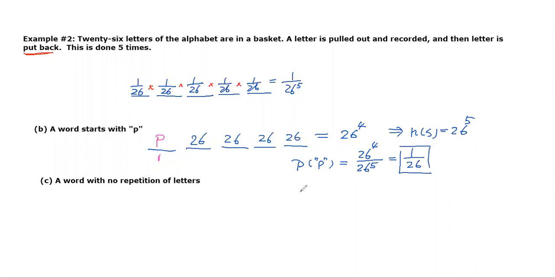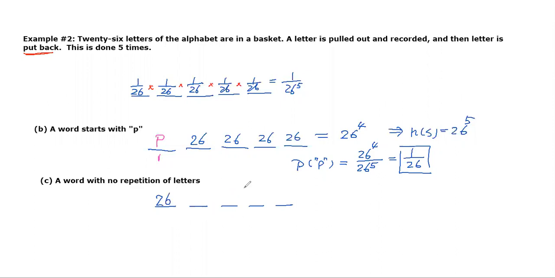Okay, let's take a look at no repetition of the letters, right? So with no repetition of the letters, this is 1, 2, 3, 4, 5. That means after I choose a letter, what is the chance I'm not going to repeat? The first letter you can choose is 26.